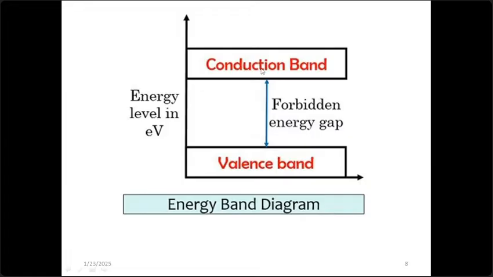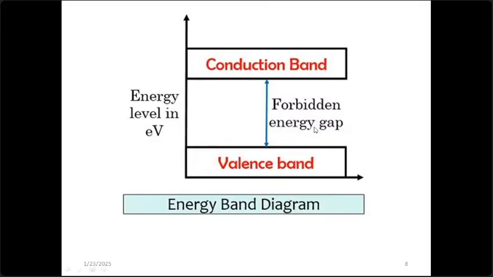So for solids, we talk of energy bands. The distance between the conduction band and the valence band, there's a name we give it. We call it the energy gap. Let me show you here. Look at this: conduction band and valence band.